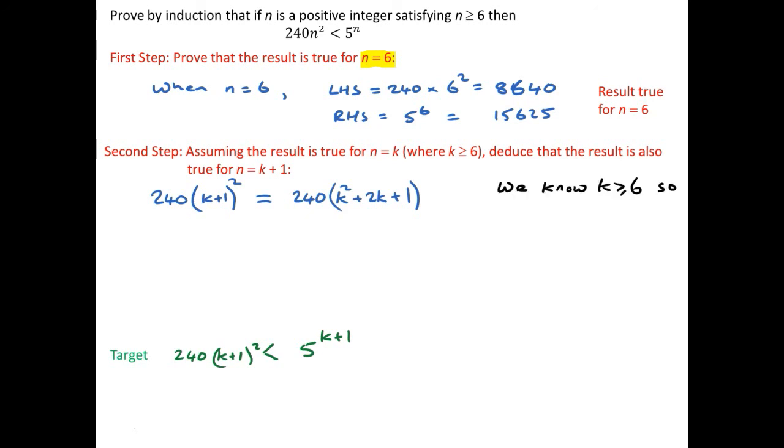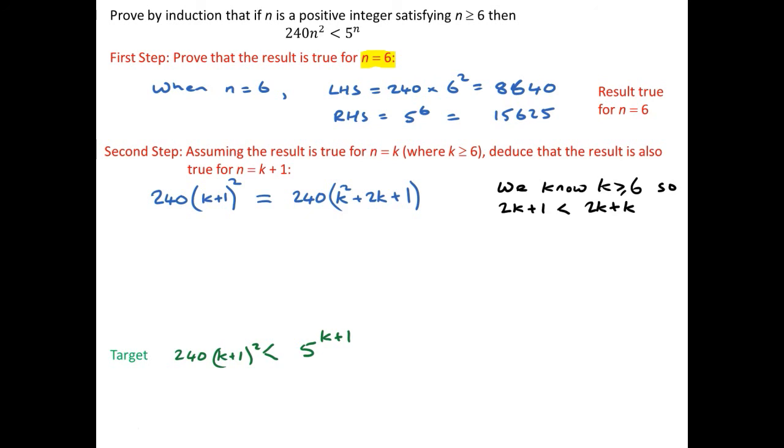Now, we know that k is greater than or equal to 6. So we can be certain that 2k plus 1 is definitely going to be less than 2k plus k, because k is more than 6, so it's definitely more than 1.